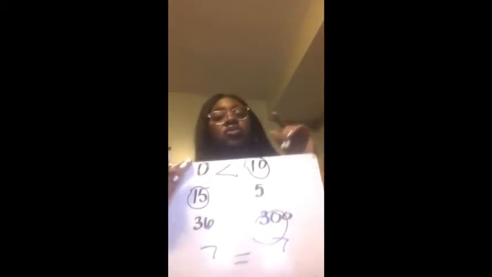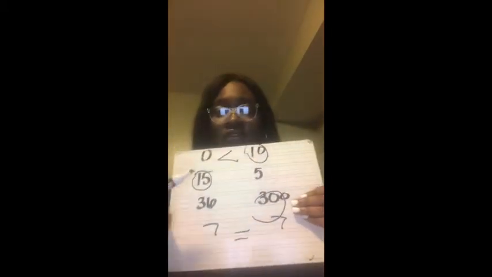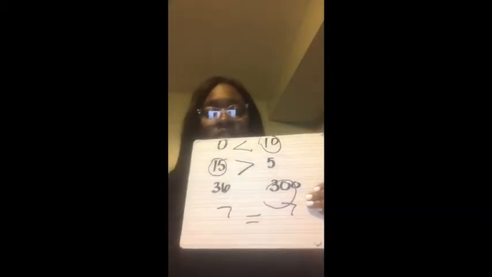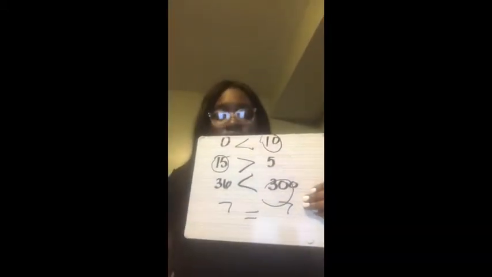And we are going to draw a sign that has the big mouth pointed to the 10. Now, I've got a little trick that I'm going to show you after we do all the rest of these. So, 15 and 5, we're going to say that 15 is greater than 5. 36 to 300, 36 is less than 300.